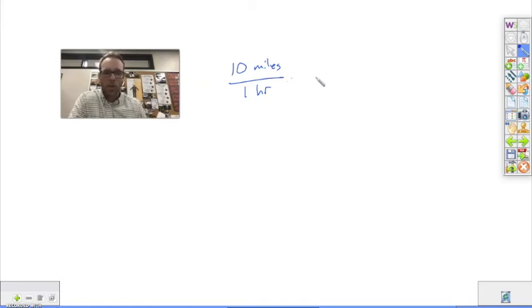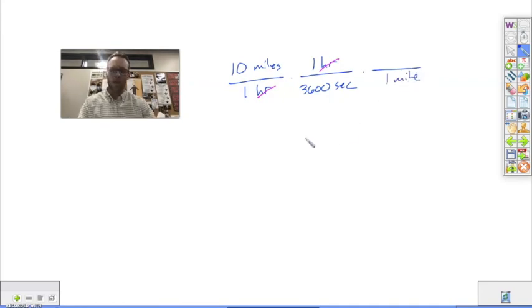So let's do a little bit of unit conversions here. We know that 1 hour is 3,600 seconds. And then changing miles to inches. 1 mile is how many inches?